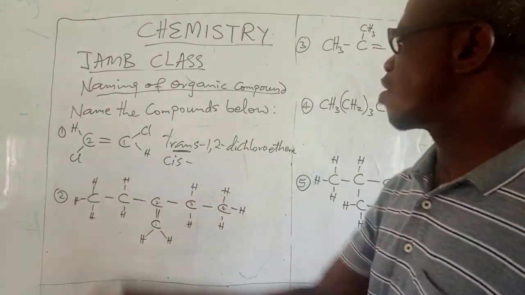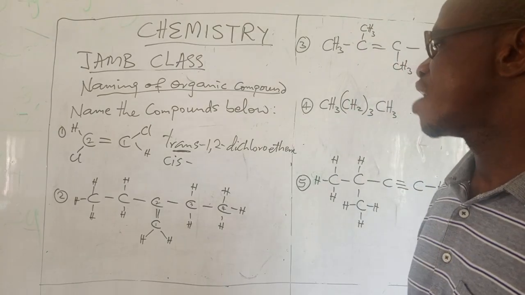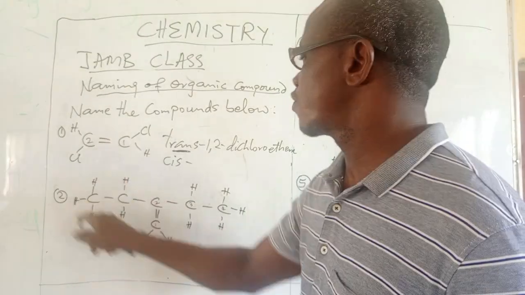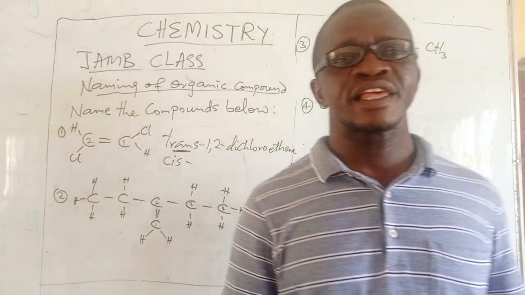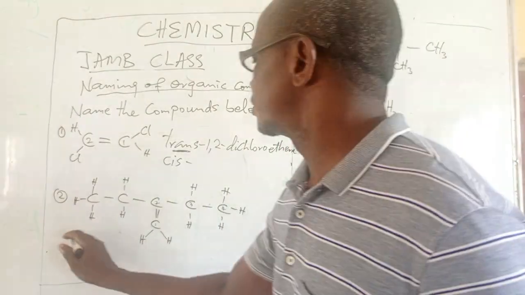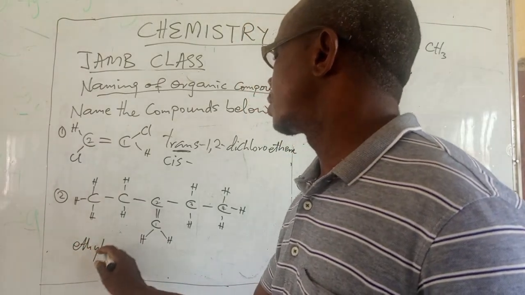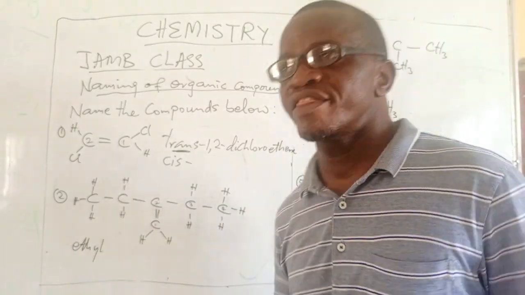What is the name of C2H5? C2H5 is ethyl. If it is CH3, methyl.